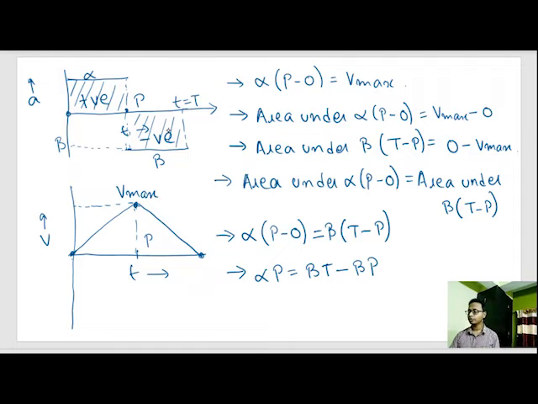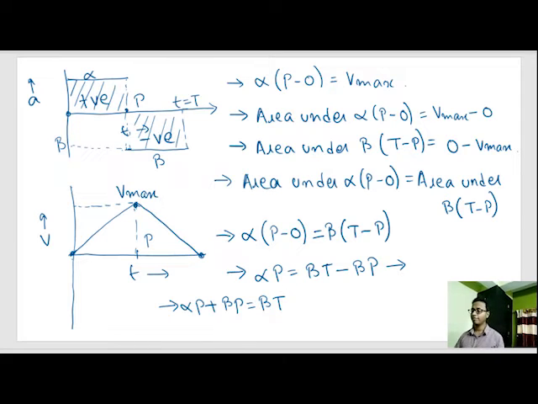Okay, now we need to solve for p. So we send the beta p to the left hand side. So alpha p plus beta p is equal to beta t.